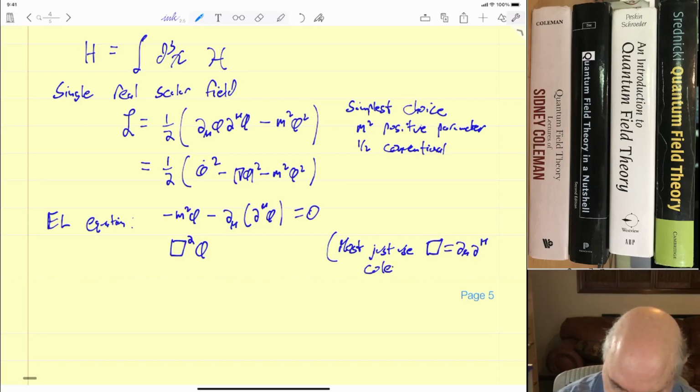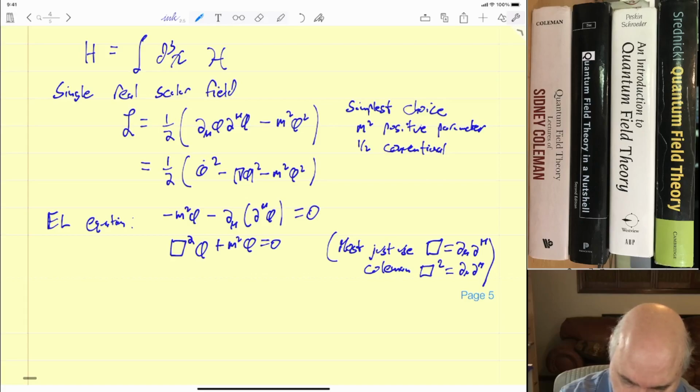Coleman uses box squared. And where we get box squared phi plus m squared phi equals 0. And this is the Klein-Gordon equation.